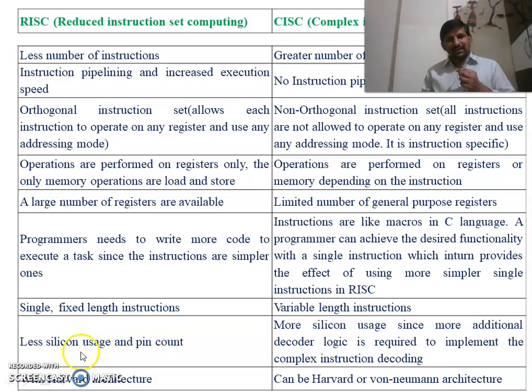RISC occupies less silicon and pin count because there are limited instructions and they require a simple opcode, whereas CISC uses more silicon because internally it contains more operations. Next, RISC supports the Harvard architecture, whereas CISC supports both Harvard and von Neumann based architecture. So based on our requirement, we can use either one. Nowadays we are using RISC based instructions in advanced processors.